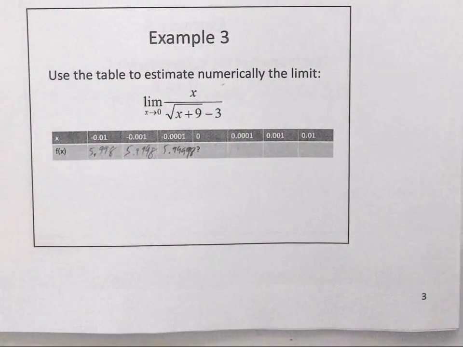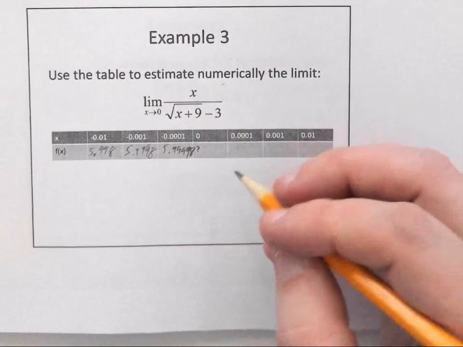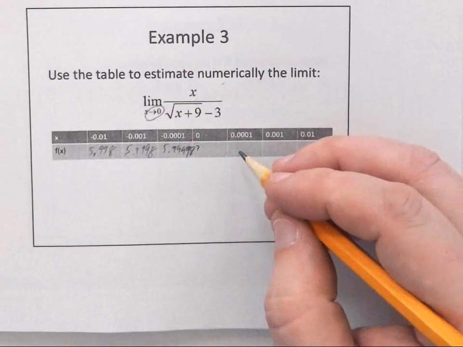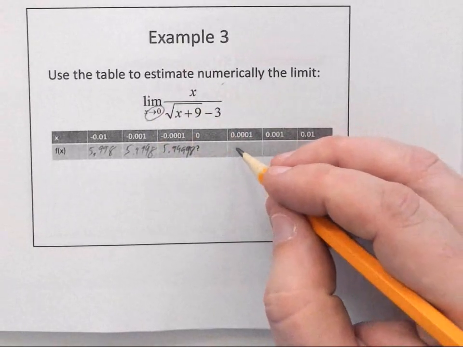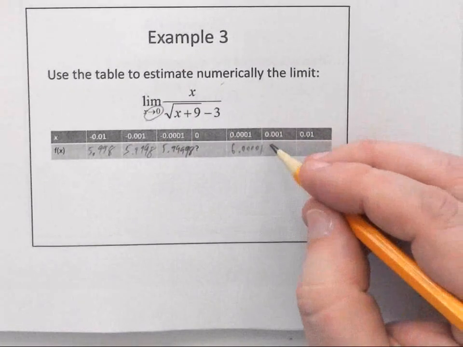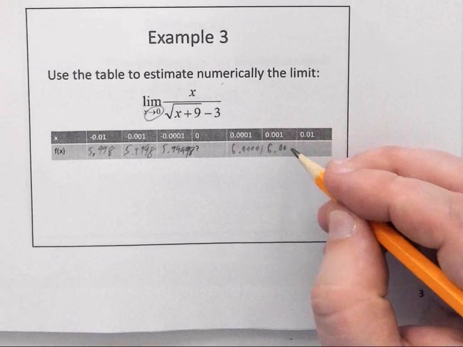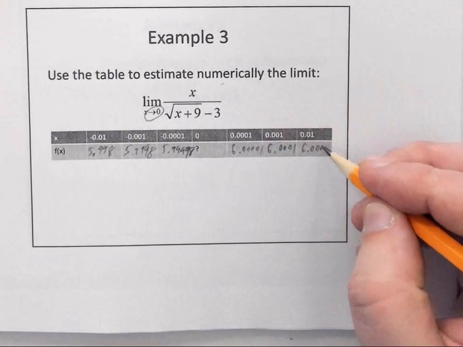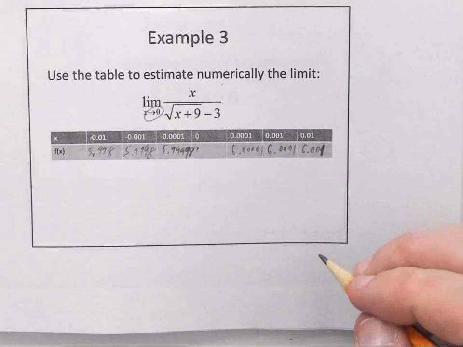So then if I go 1 past that, 1 past 6, you get what? Or 1 past 0, I should say, on the x. 6.00001. So this one's going to be 6.0001. 2 zeros and a 1.